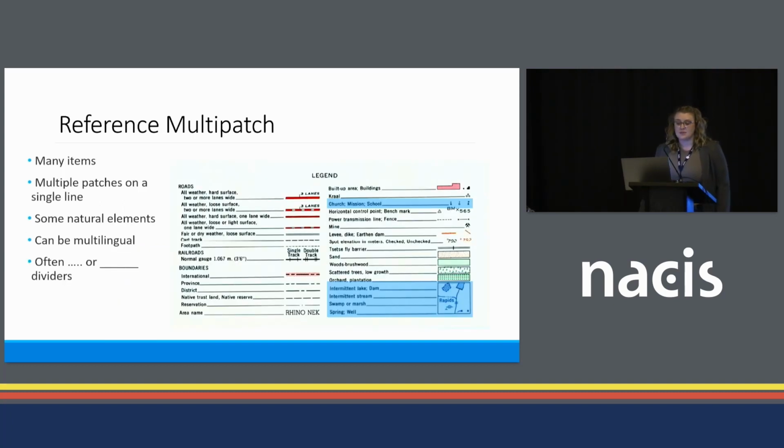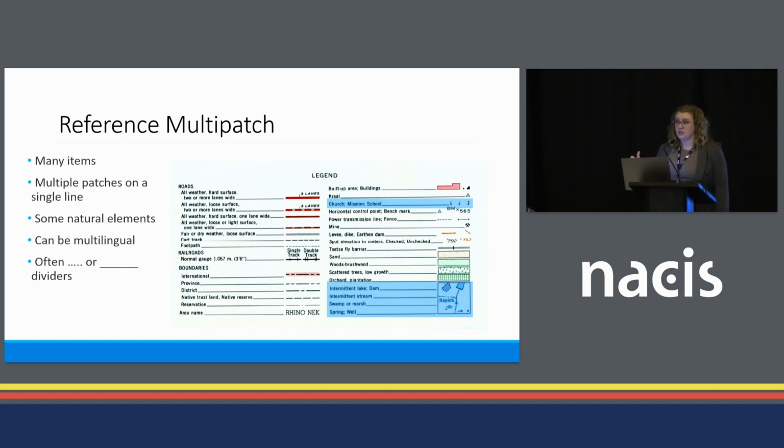The next is what I call reference multipatch. These legends are complex. They have many, many items. I usually found them on military maps or other government-style maps where they're trying to cram a lot of information. The defining features I noticed tend to have a natural element. They'll actually show some things in context, which is really nice.